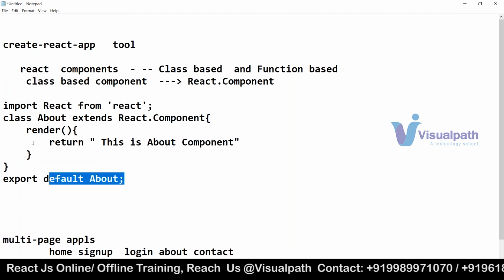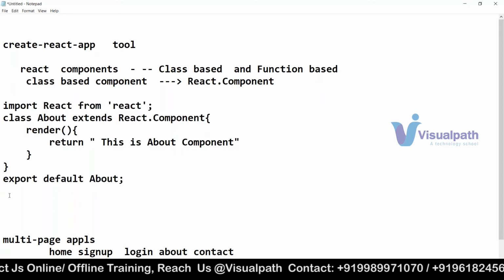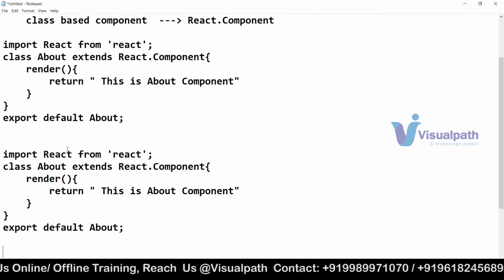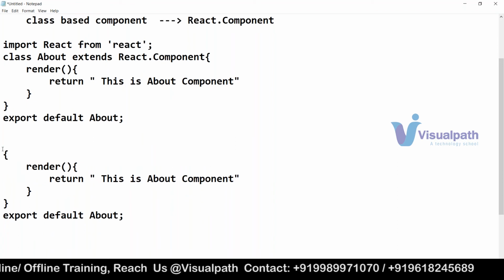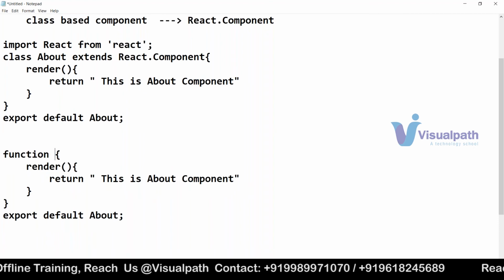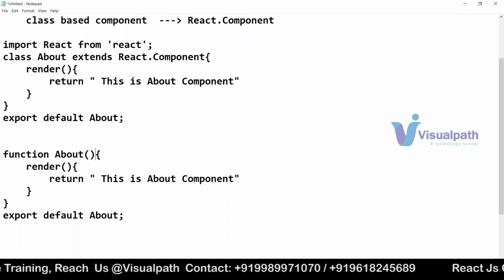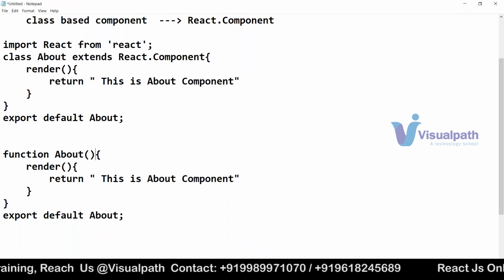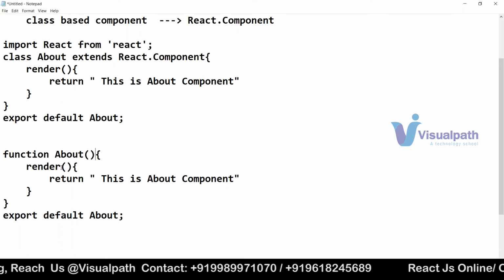If I want to do the same thing with my function based component, then here I do not need to do all this stuff. I have to use the function keyword and the name for the function, and just like this, it will be acting as a function component.